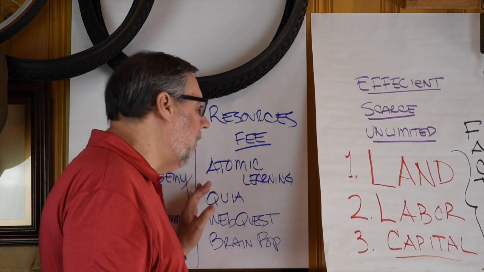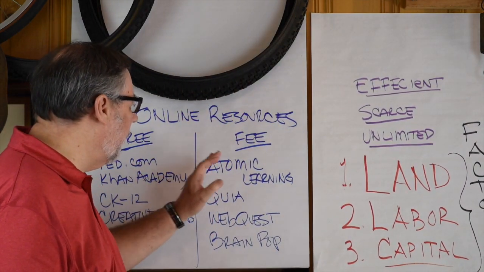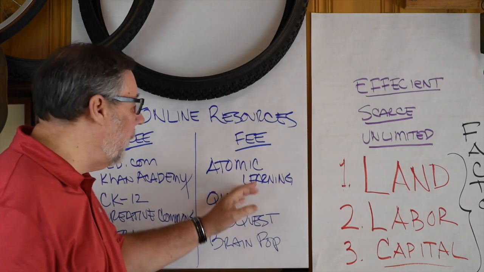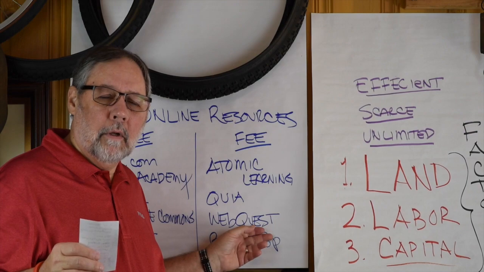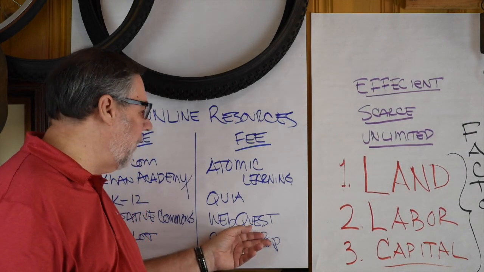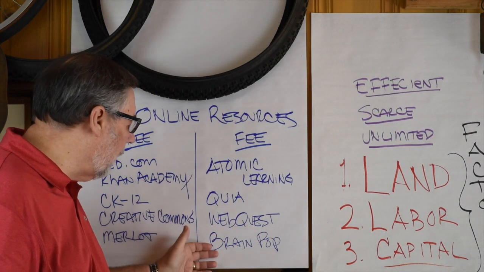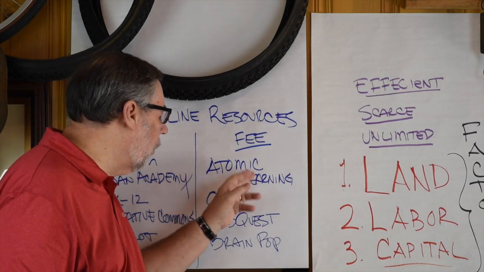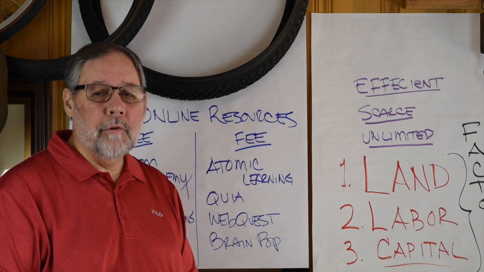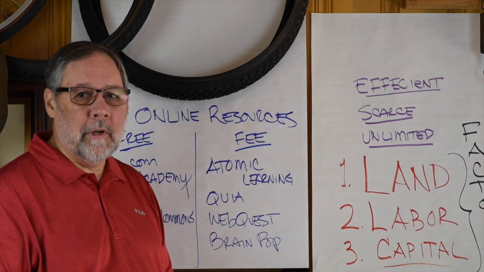Now, that's module 5. When we get to module 6, you're going to look at fee-based sites that you can use, and these are linked in the LIT. There's Atomic Learning. You get that as a student for Fort Hays State University.